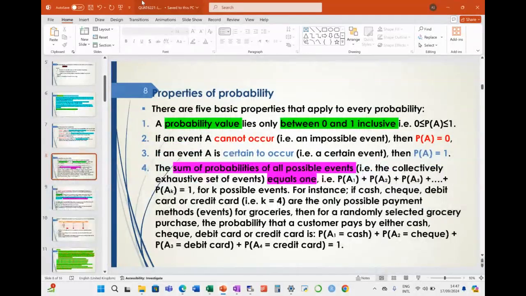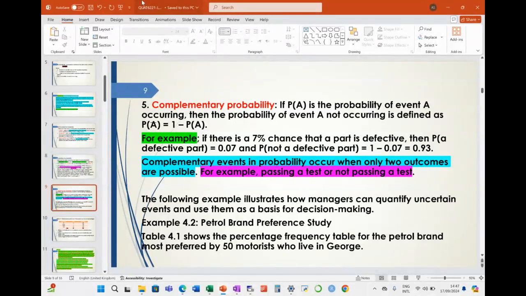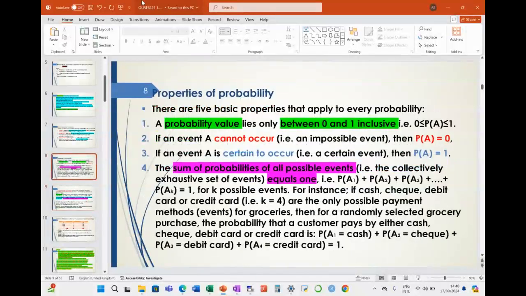Probability value lies between 0 and 1. If an event can't occur, it's equal to 0. If an event is certain, it's equal to 1. Sum of probabilities of all possible events is equal to 1. Complementary probability, we spoke to that. So run with these 5, not what I gave you guys. I'll also amend the suggested solutions since they are blurry, and I'll make sure to put these ones in before sharing it again.